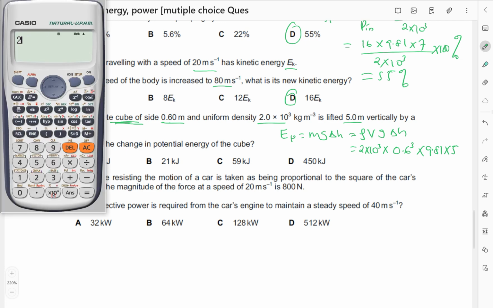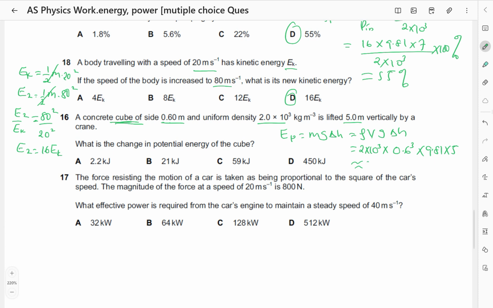So this will be 2 times 10 power 3 times 0.6 cubed times 9.81 times 5, which gives us 21 kilojoules. So this is approximately 21 kilojoules, which means our answer is going to be B.